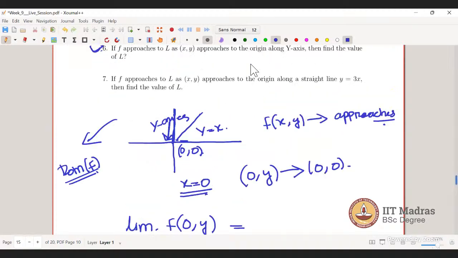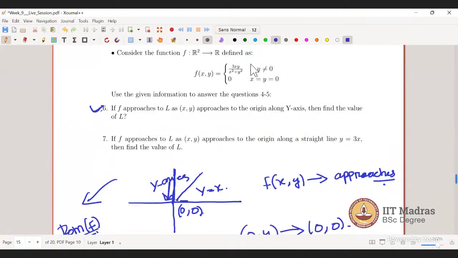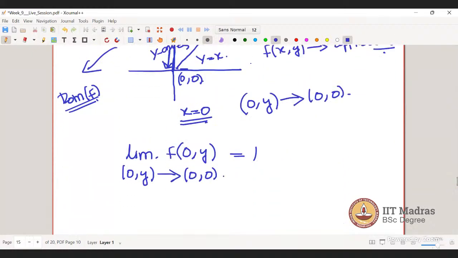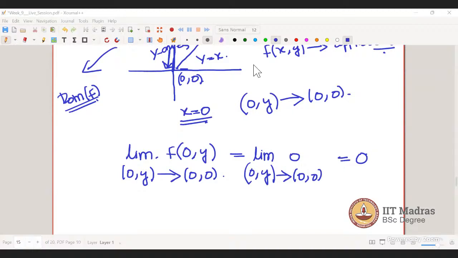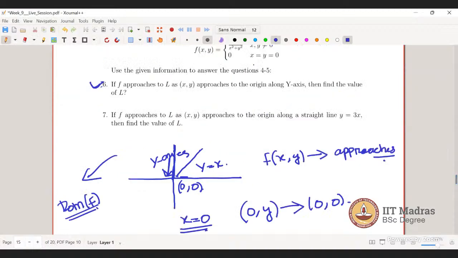Then what is the value of f of 0 comma y? 0 by y square. It's 0, right? So then what is the limit? It's 0. So when you are coming to origin along y-axis, then the limit is 0, right? So here L is 0.